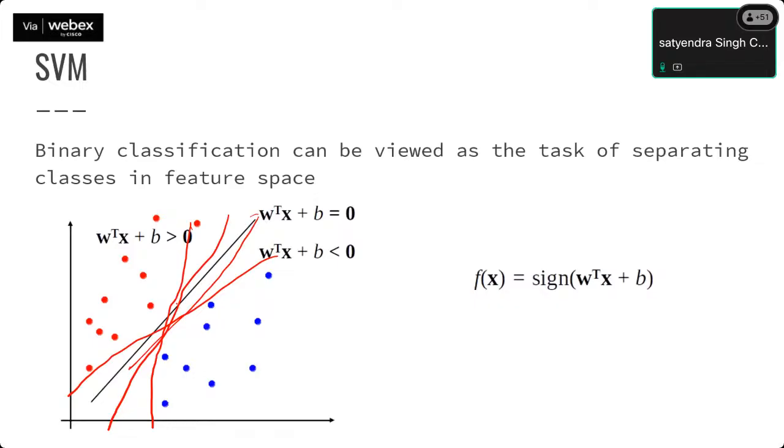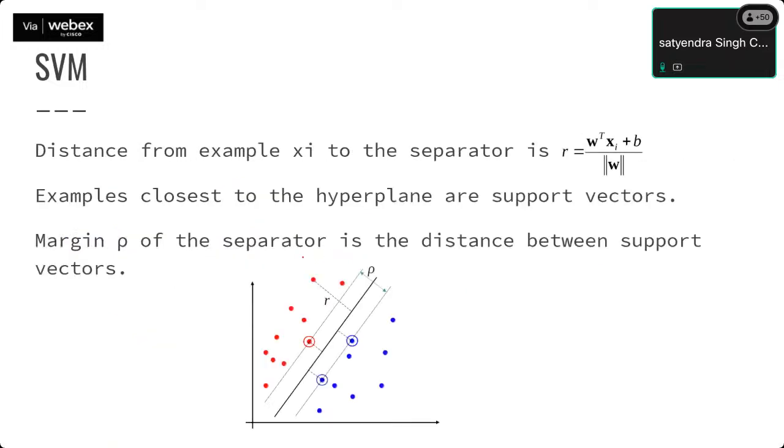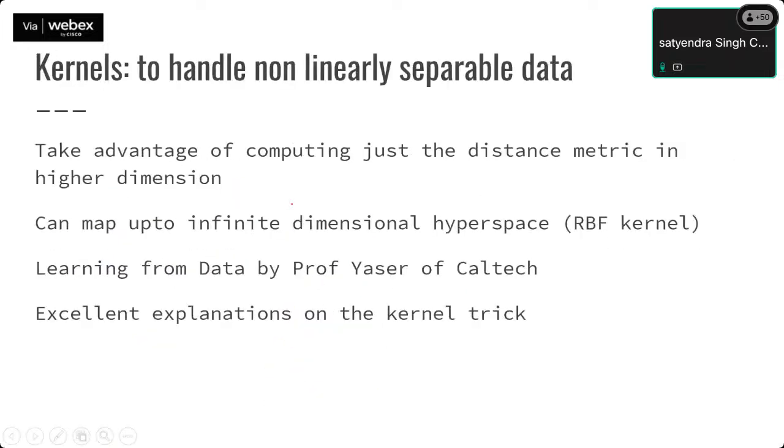Which one is to be picked is based on the margin concept. However, most of the time the data set or the problem data that you are using might not be linearly separable.